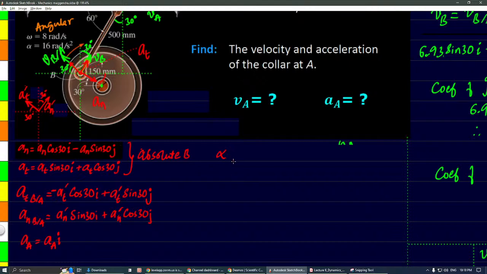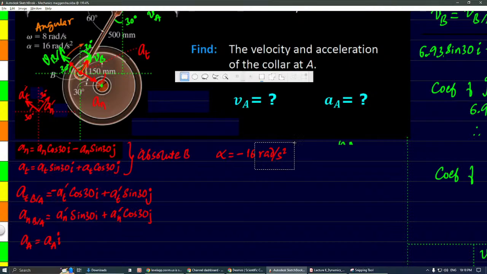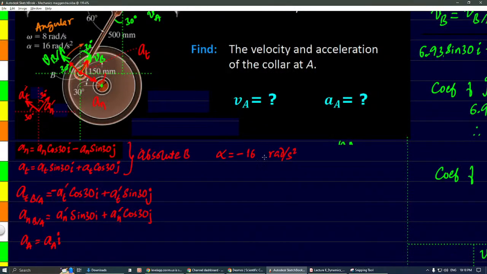Clockwise means away from us. Away from us means we have to make it negative: minus 16 radians per second square. Into i or j? Away is k. So minus 16k radians per second square.